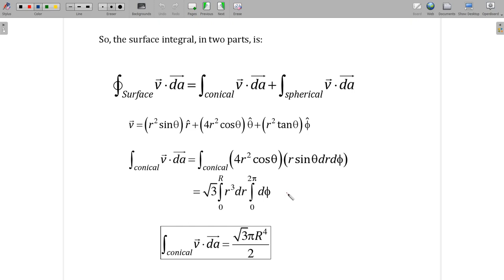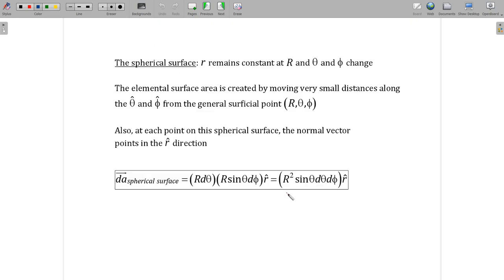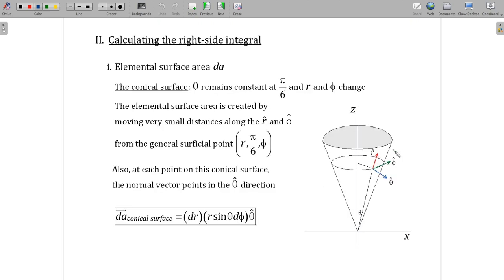Again, it is quite intuitive. To cover this entire conical surface, you have to vary r from 0 to capital R, so that you reach all those distances, and vary phi between 0 and 2 pi. You can think about it the other way: my small r is fixed currently at some value, let's say 3R by 4.